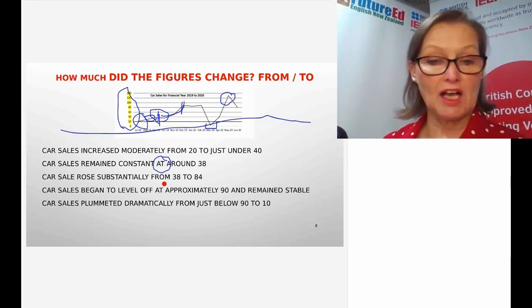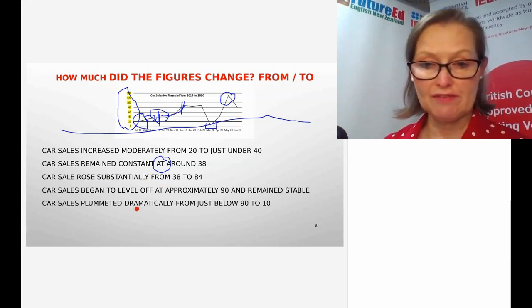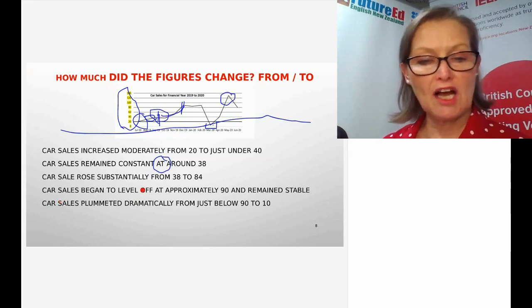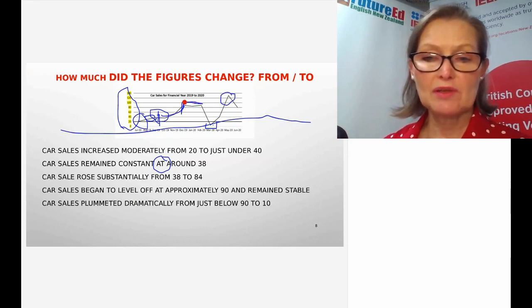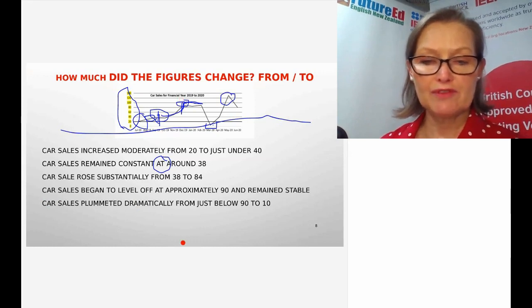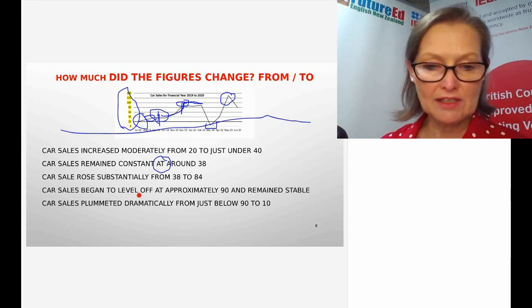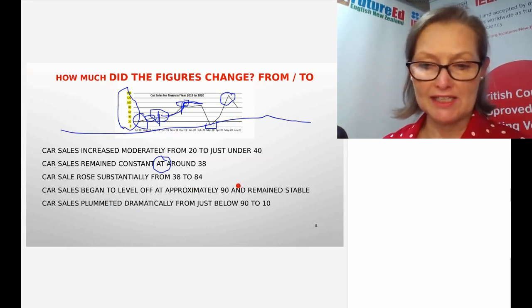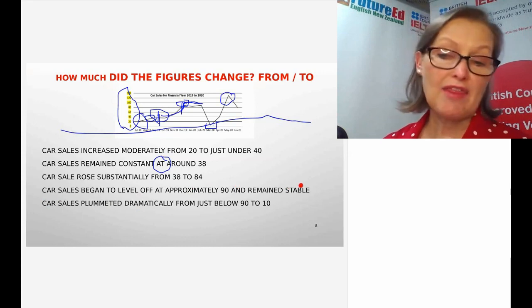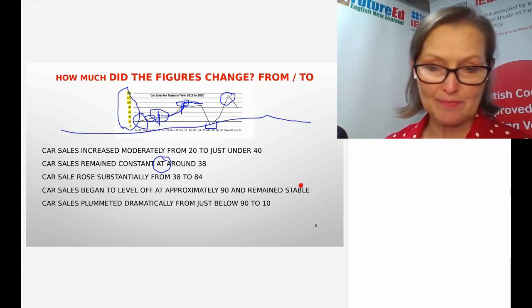So I could say car sales rose substantially from 38 to 84. Or once again, I could say car sales began to level off. Now, at that point where they start to become horizontal, that's what we talk about, level off. And there's a beautiful verb pattern, began to level off at approximately 90 and then remained stable.